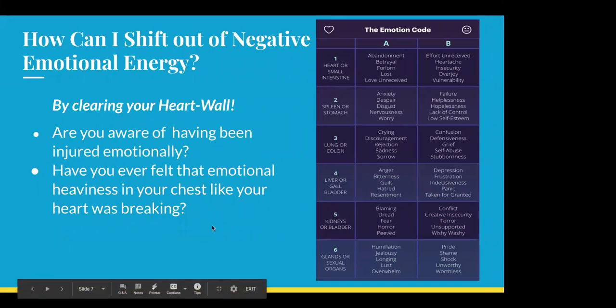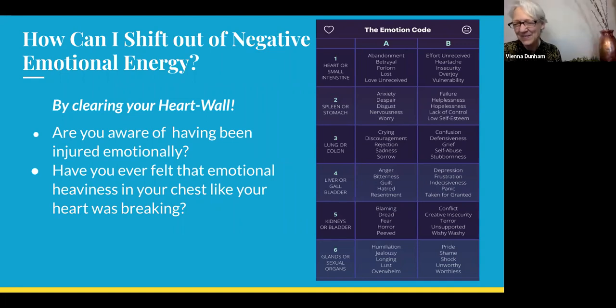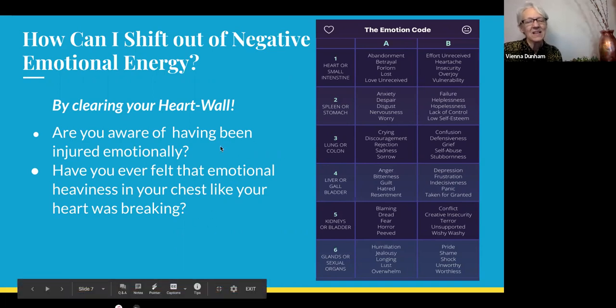Hey, Vienna. Yes, Rosemary. Vivian just called me and she wanted me to let everybody know that she's not able to get in at all, that she's been trying. And she just wanted me to remind you to record if you're able to. Perfect. Thank you. Appreciate that message. All right.